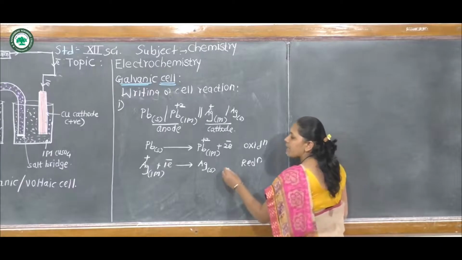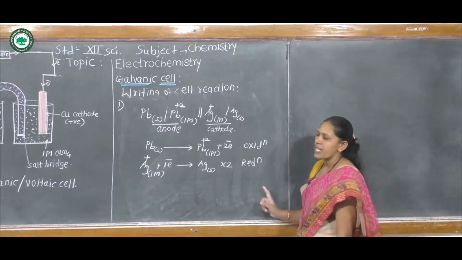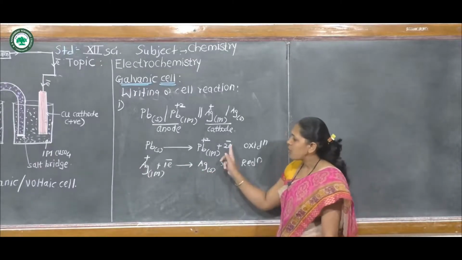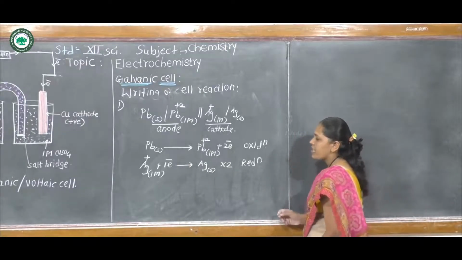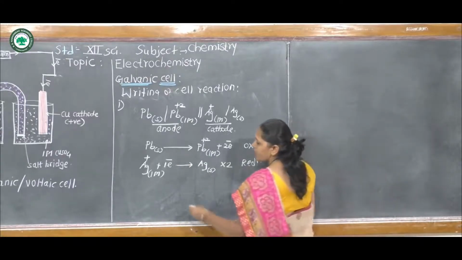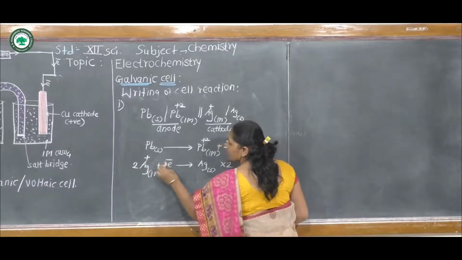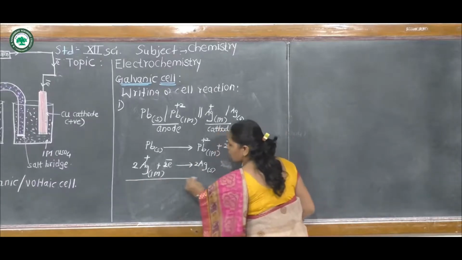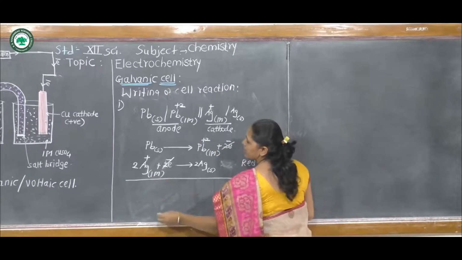If we multiply the reduction half reaction by 2, then 2 multiplied by 1 electron is 2 electrons, and these electrons will be same and get cancelled.